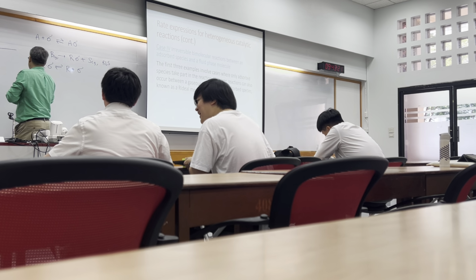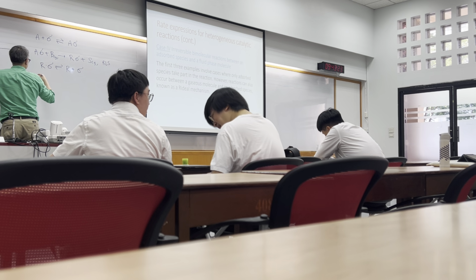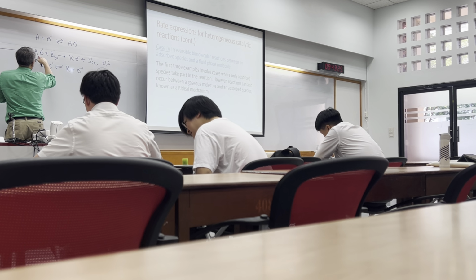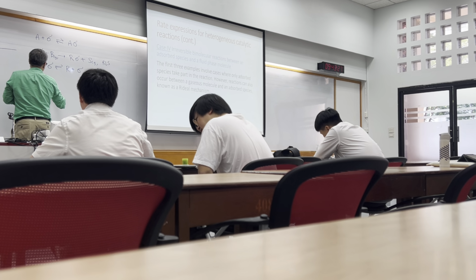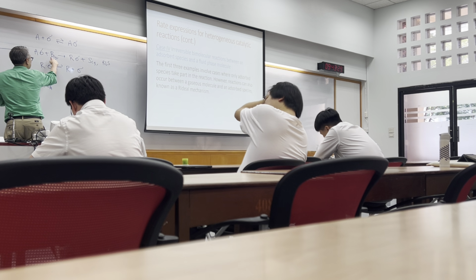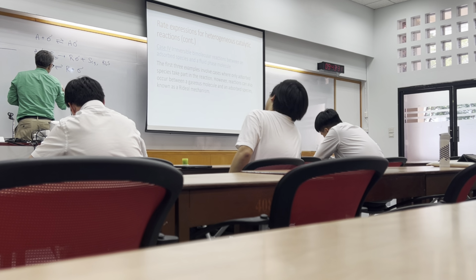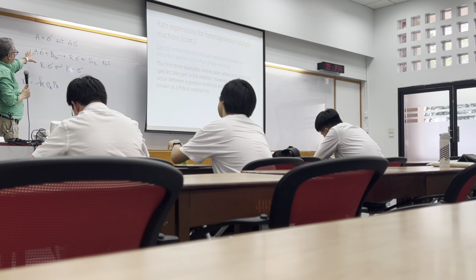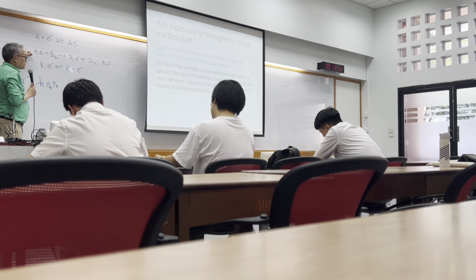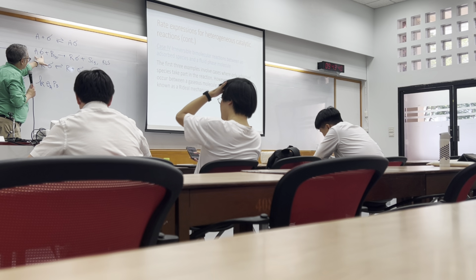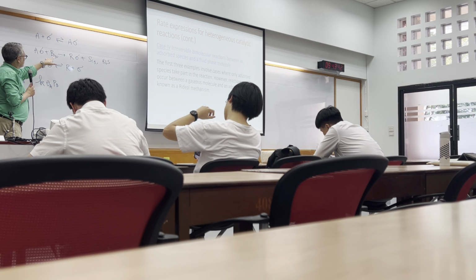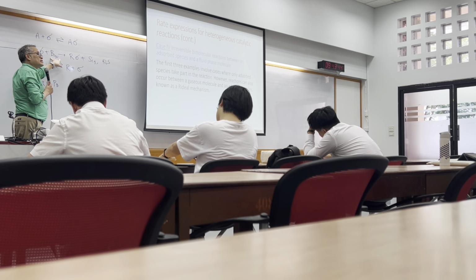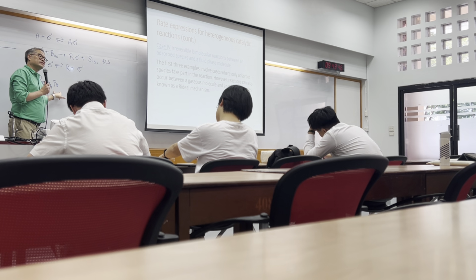So the rate for the whole thing would be k times A on the surface, represented by theta A. But B is in the gas phase, so it will be PB. Elementary, right? First order with respect to adsorbed A, so we use theta A. First order with respect to B in the gas phase, we use partial pressure.